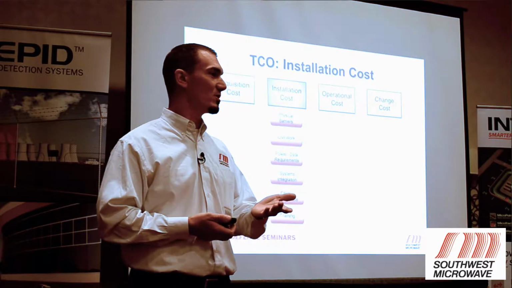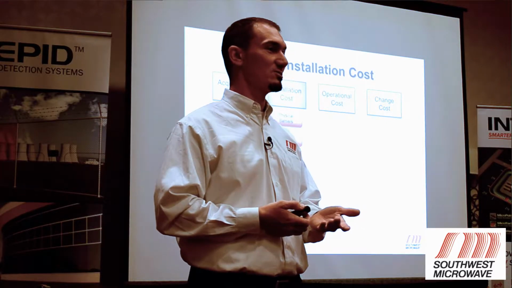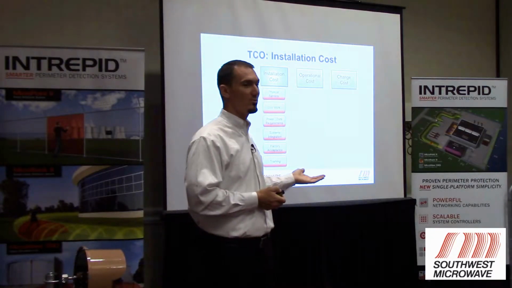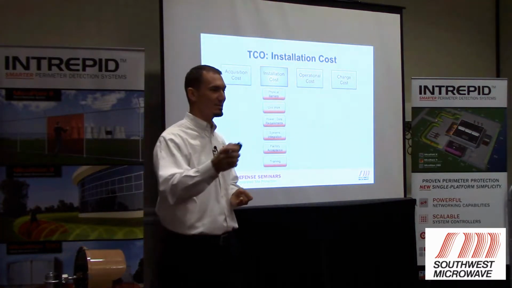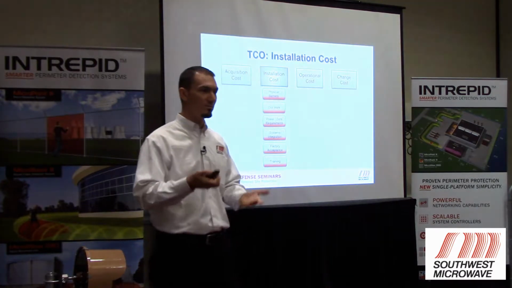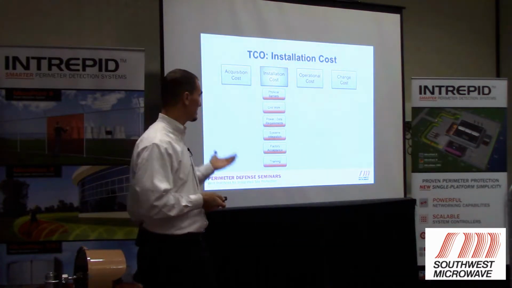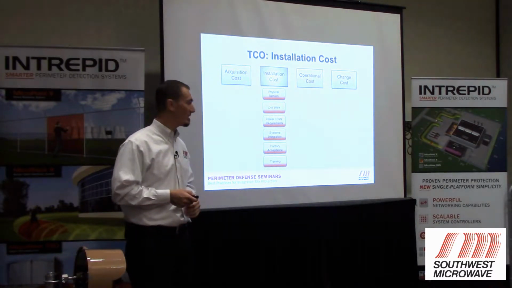Because if they're only doing 2 zones per processor and you say, oh, I need 20 zones, now you've got a 10-processor system, whereas we've got a 2-processor system. And then you're bringing power and communication to each of those processors, whereas you're just bringing it to one of ours. So the pros and cons to those certainly fall within civil work, power requirements, system integration.